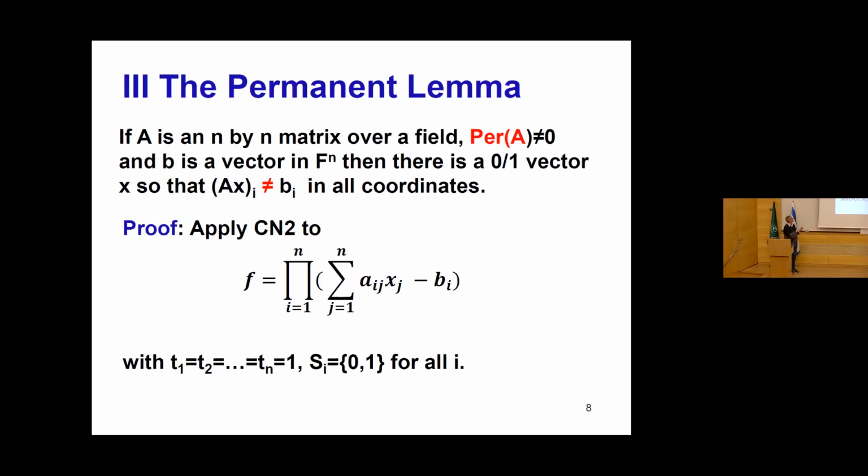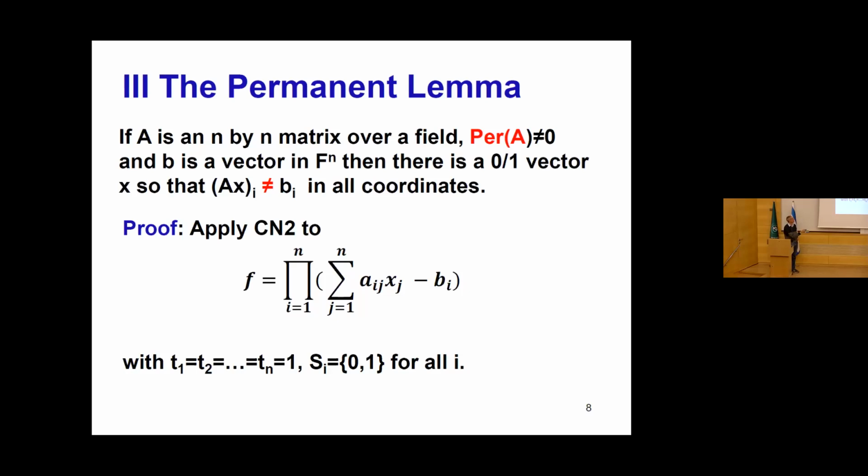So here is the statement. We have an n by n matrix A over a field. The permanent of this matrix is non-zero over this field. And B is some vector of free coefficients. Then the statement is that there is an x which is 0 or 1 in each coordinate, and the ith entry of A times x is not equal to Bi for every i.